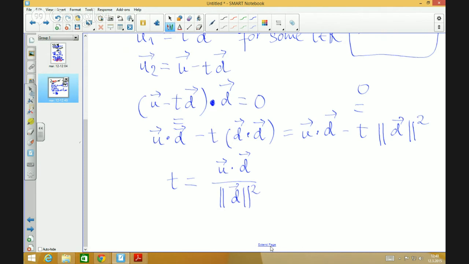Which tells us what u1 and u2 are. In particular, u1, which is the projection of the vector u along the direction d, is t times d. So it's this thing here times d.